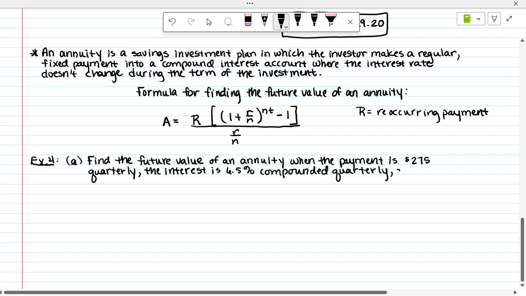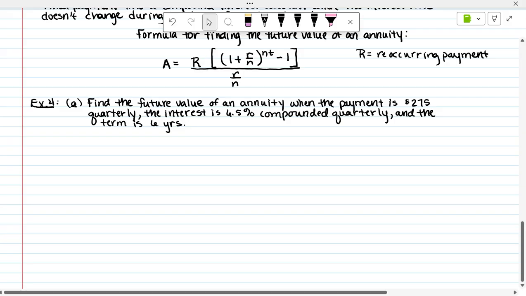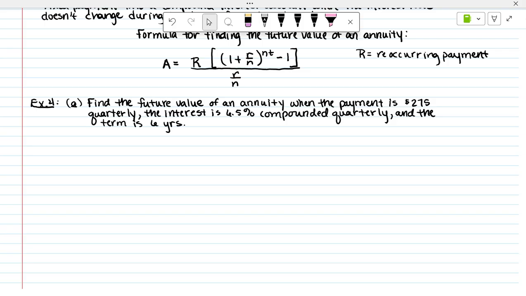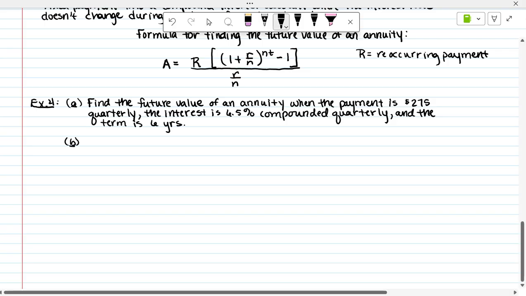And the term is 6 years. So we just ramped it up quite a bit from our simple interest formula, right? Part B says we want to find the interest earned.